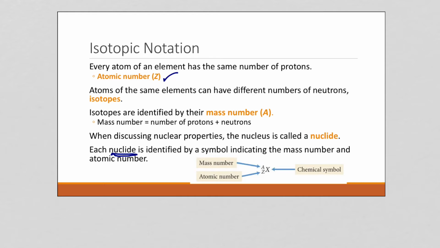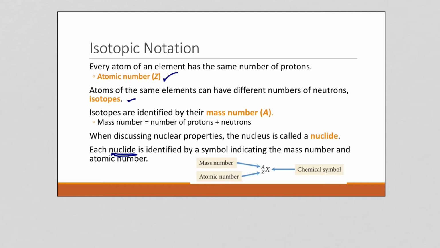An atom will have, remember, different versions of its nuclei, what we call isotopes. So isotope notation, or isotopes, is going to become very important again when we start talking about nuclear chemistry.